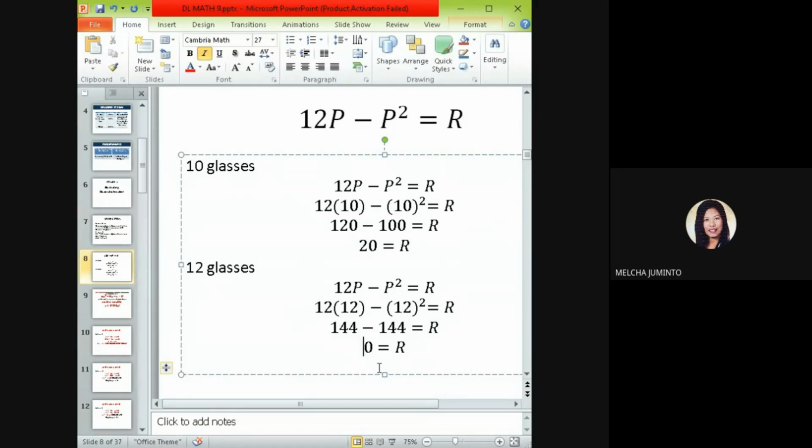Hindi porke gumawa ka ng sobrang daming product, you will get yung pinakamaraming profit. Meron lang certain number of items na kailangan mong ma-reach para makuha mo yung maximum profit. Pag nag-exceed ka doon sa number of products na yun, it will not guarantee you the highest profit. May chance na maging mas mababa dun sa in-expect mong revenue.